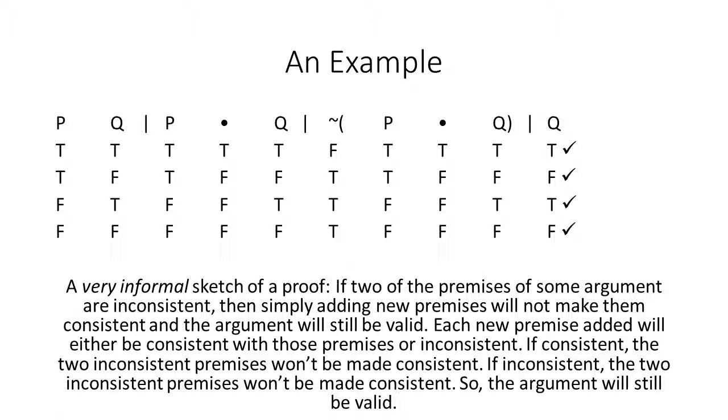No matter how many premises you have, if two of them are inconsistent with one another, or contradictories, then it's not possible for the premises to be true and the conclusion false at the same time. So you can add all the premises you want, but you're never going to make the premises consistent. So no matter how many premises you add to this argument, the argument's still going to be valid.